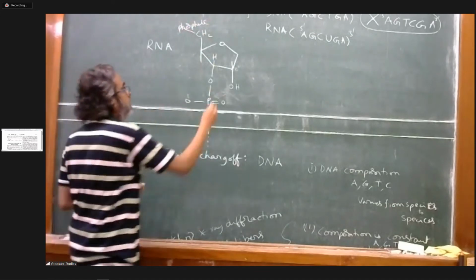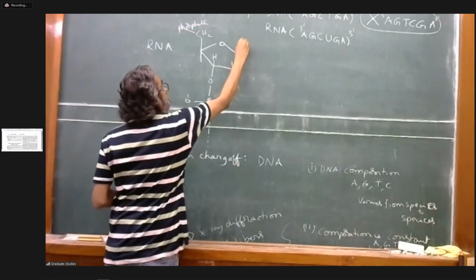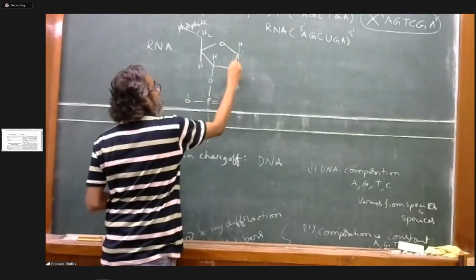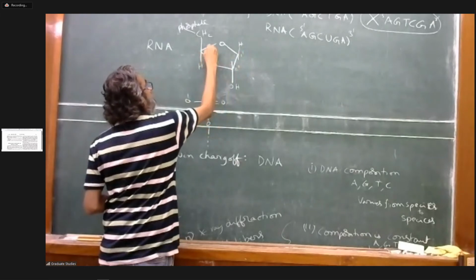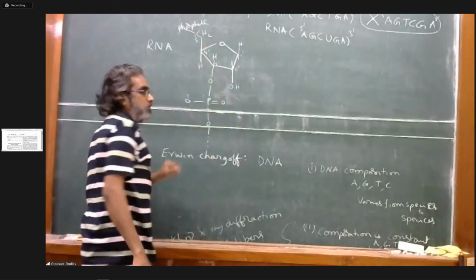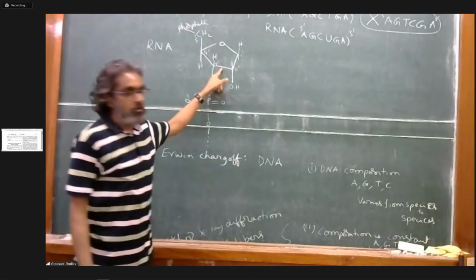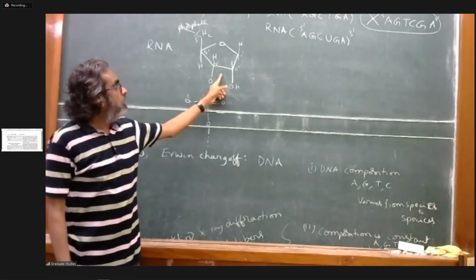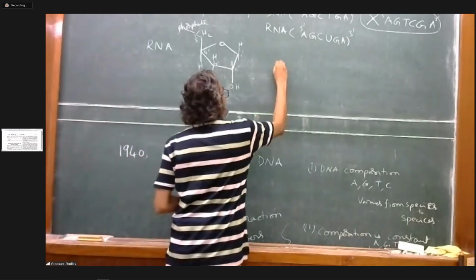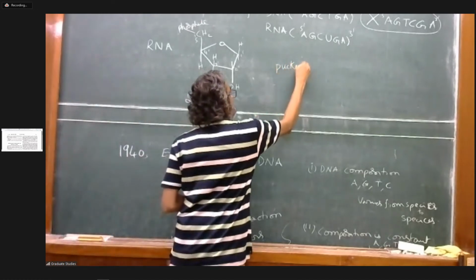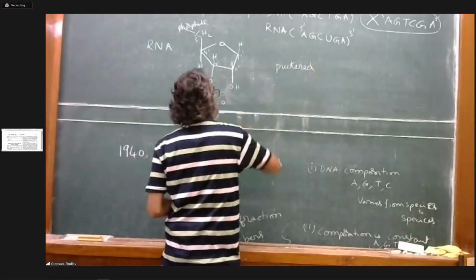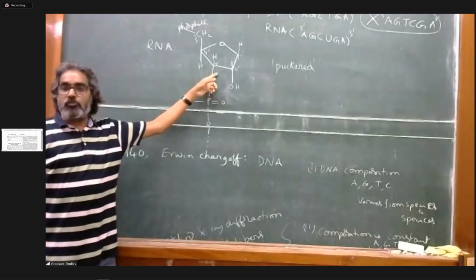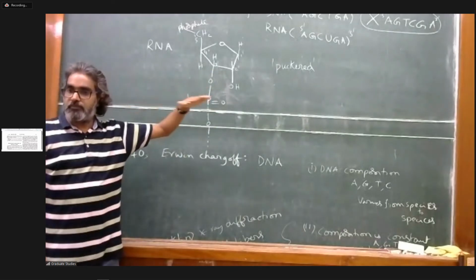The second thing is that this is 1', 2', 3', 4', and 5'. The sugar has five atoms. There is something called a puckered structure: the sugar ring is puckered, meaning not all five atoms are in the same plane.